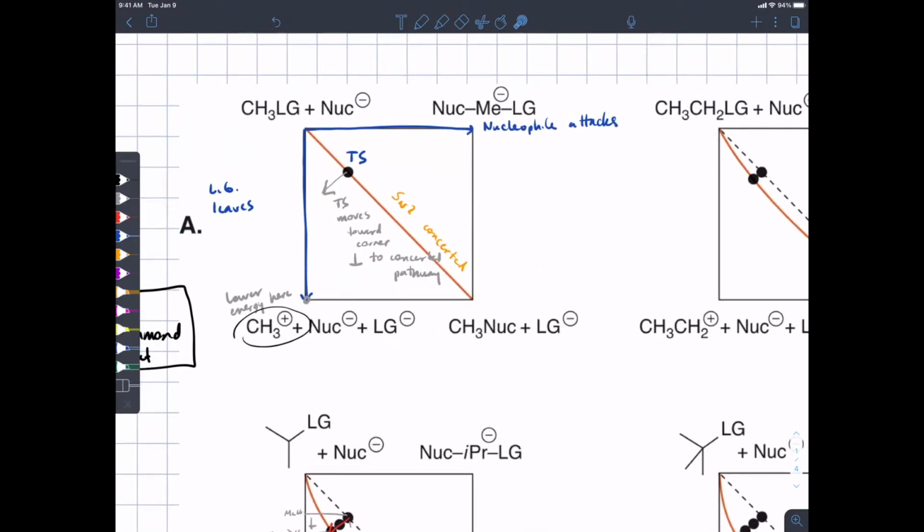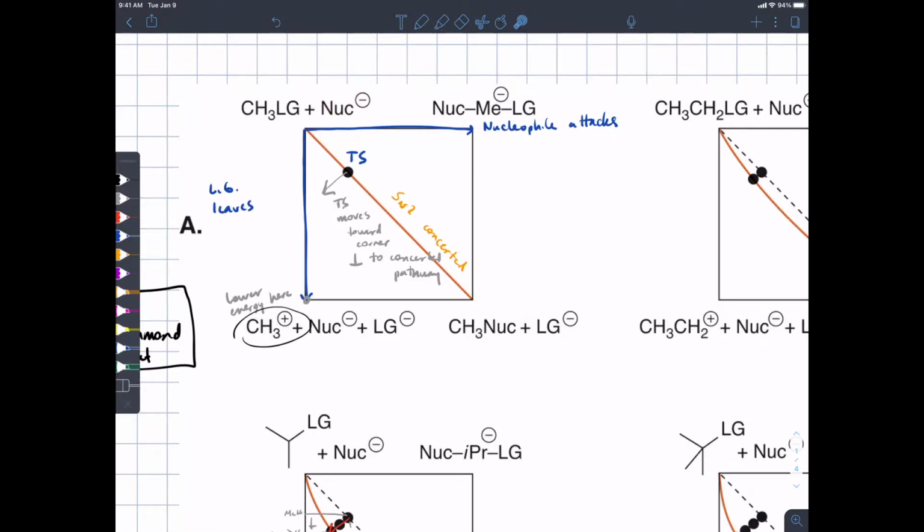Now, let's talk about what happens if we change things along the corners that are connected to the reaction mechanism. And the easiest way to think about that is to think in terms of nucleophilic reactivity. So what if we use a better nucleophile versus a poorer nucleophile, right? What do you expect for an SN2 reaction?